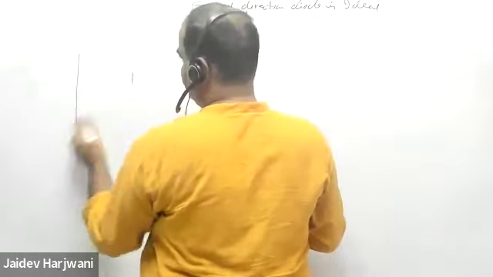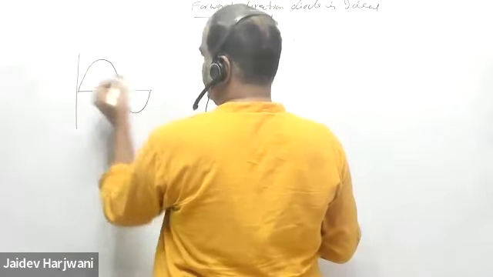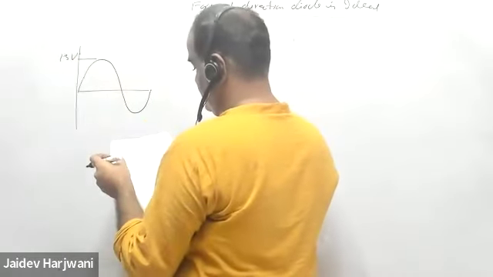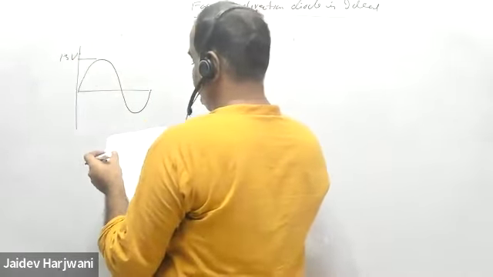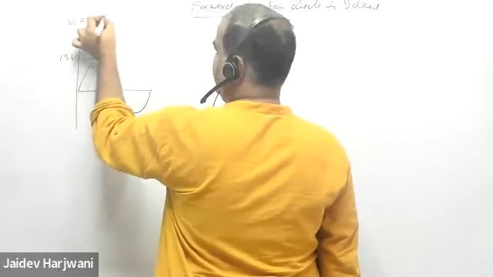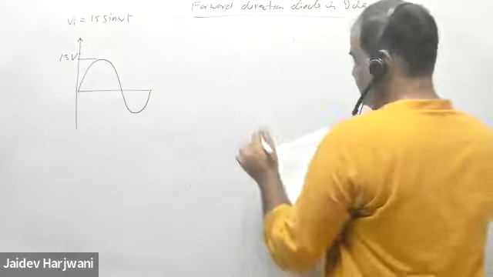A sine wave is given to you of amplitude 15 volt. V input is given as 15 sin omega t. Now this is your circuit.